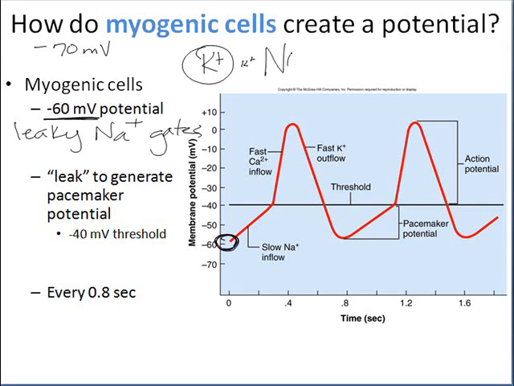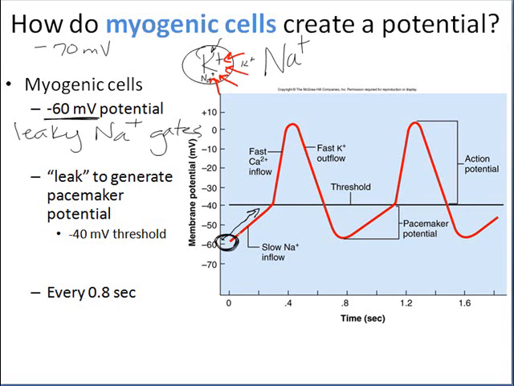By comparison, there's typically a high amount of sodium outside of every cell and a relatively low amount inside every cell. So if I have these sodium channels that are open pretty much all the time, you're going to have a constant influx of sodium into the cell. Sodium is positively charged, and as more of it leaks in slowly, it's going to pull this cell up closer to threshold.